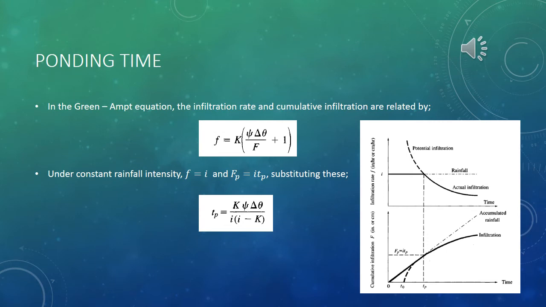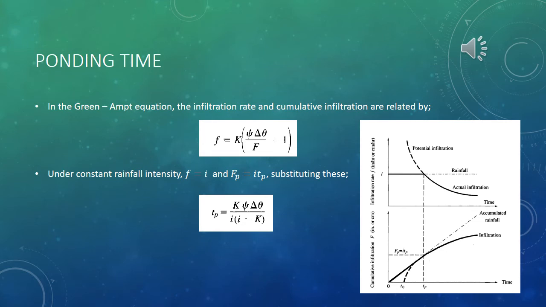It means whatever rain comes, whatever the intensity, if you multiply by the ponding time, that is going to infiltrate into the soil, as you see graphically on the right hand side. It goes linearly first, then after that infiltration starts to decrease with time.